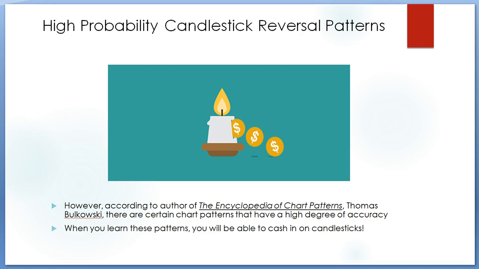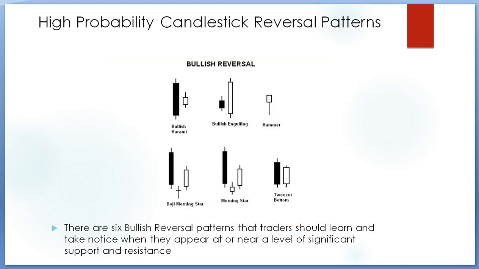When you learn these patterns, you'll be able to cash in on candlesticks. There are 6 bullish reversal patterns that traders should learn and take notice of when they appear at or near a level of significant support and resistance, such as Fibonacci or pivots, or classic support and resistance, bankers level 0025. You can find out about those in other videos.